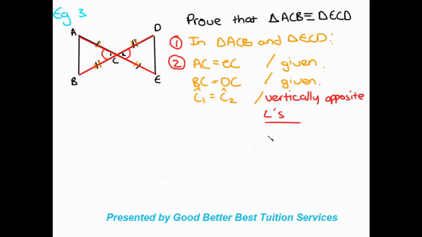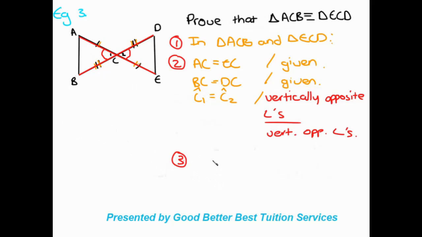Or you could also write it as the shortened version. So now we've given them three reasons why these two triangles are congruent. Now we can move on to our third step, which is writing out our final statement, which will end off the example for us.